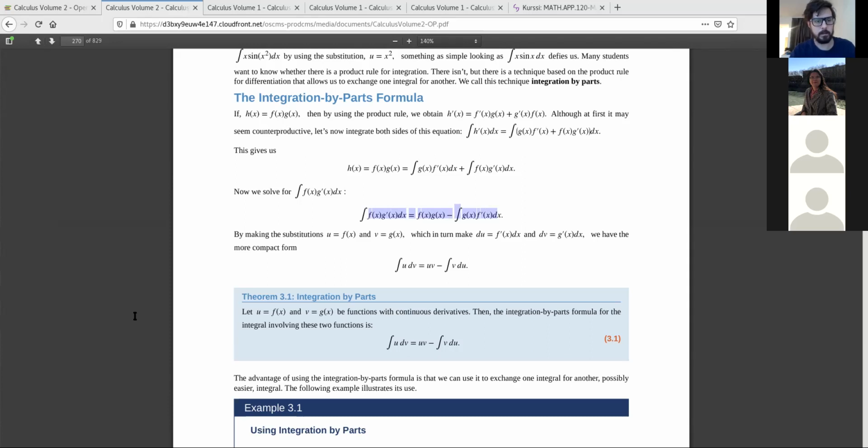So that's, well, g prime, because g prime of x is sinus of x, then this implies that g of x is, well, what is the function whose derivative is the sinus of x? That's the negative of the cosinus of x.